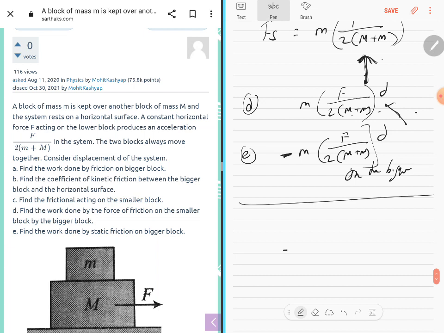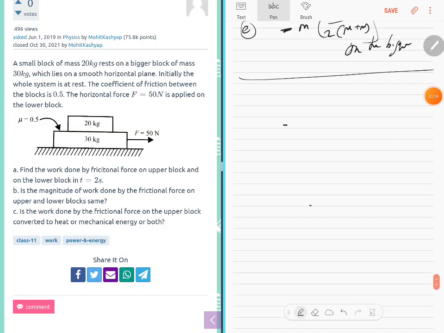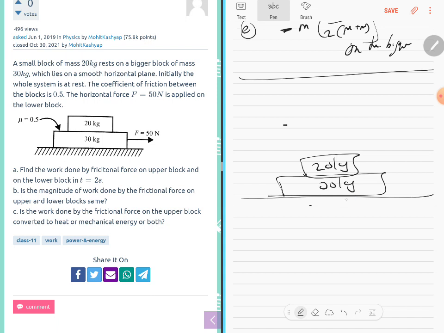Okay, so let's do this question here. A small block of 20 kg lies on a bigger block of mass 30 kg, which lies on a smooth horizontal plane, which means there's no friction. Initially the whole system is at rest.